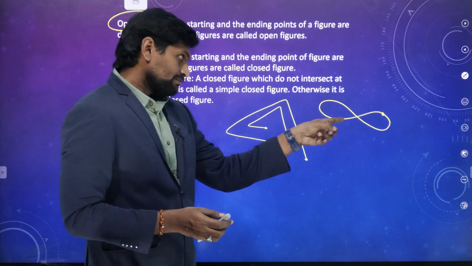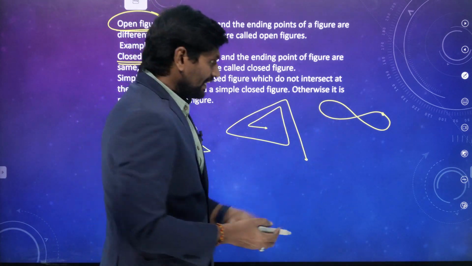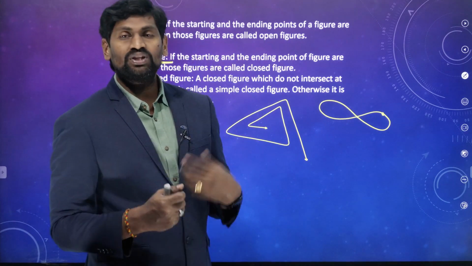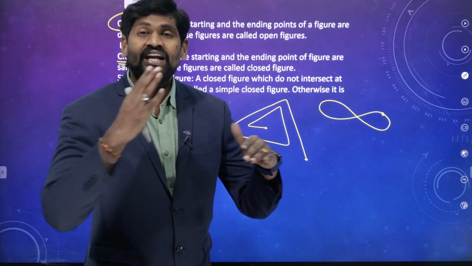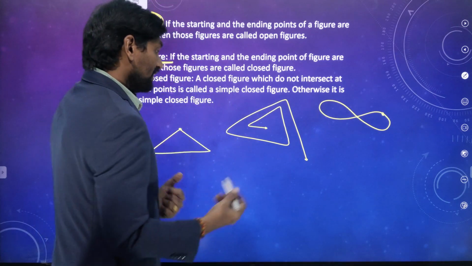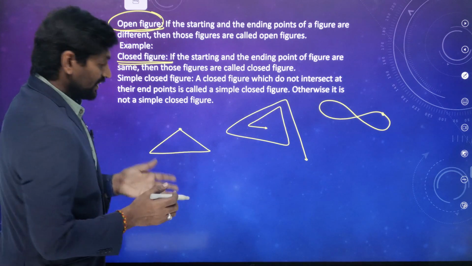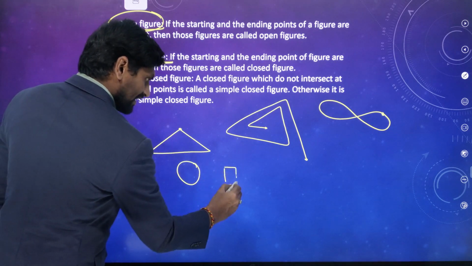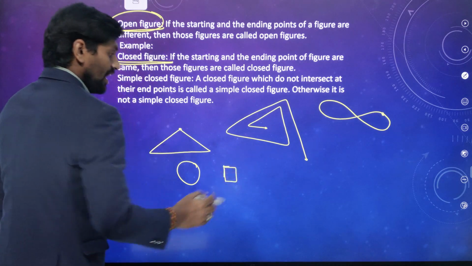Here, while you are observing this infinity symbol, it intersects in between. It is also a closed figure, but a simple closed figure never intersects in between. Such examples we can take are triangle, circle, square, rectangle, all quadrilaterals, all polygons.